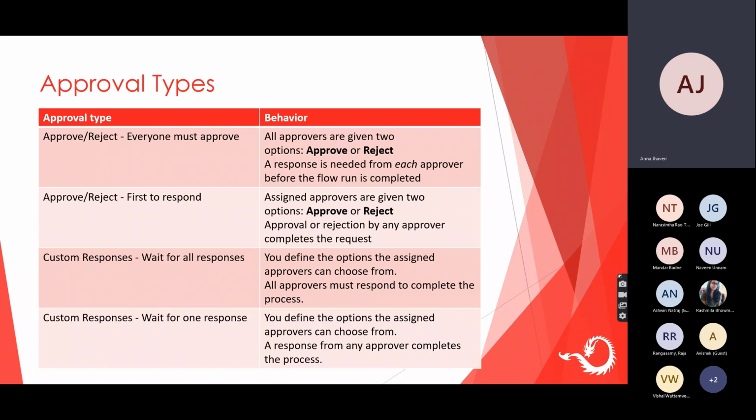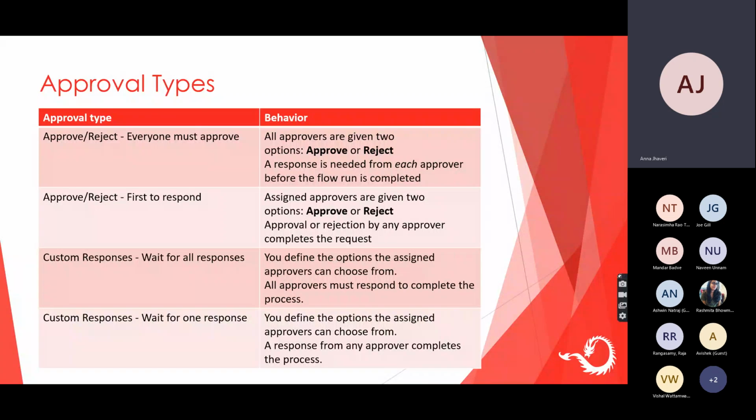So that also has two types. One is custom responses, which will wait for all the responses from the approvers. So for example, if there are 5 approvers, the flow will wait for all 5 approvers to respond to that approval request. And if you choose to wait for just one response, then even though there are 5 approvers, it will only wait for the first approver.